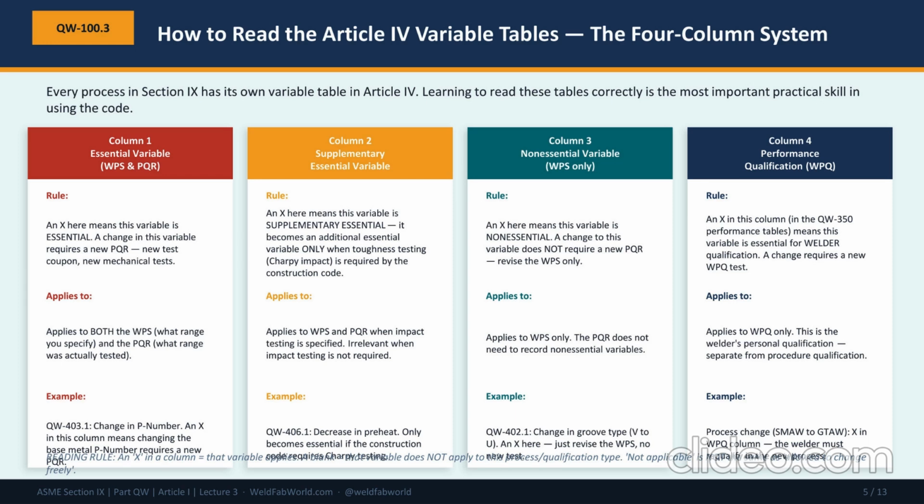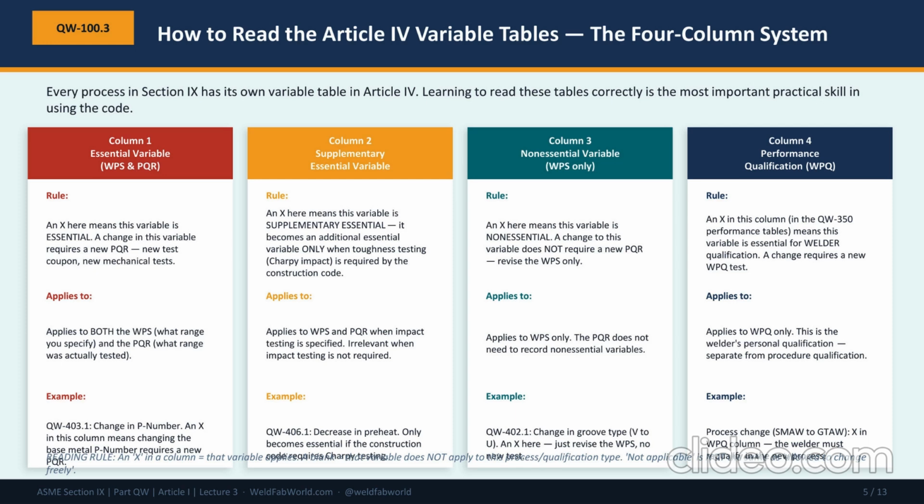That is incorrect. A blank means the variable simply does not apply to that process, not that you are free to ignore it. For example, shielding gas variables are blank in the SMAW table because SMAW has no shielding gas. That does not mean you can introduce any gas you want. It means the concept does not exist for SMAW.